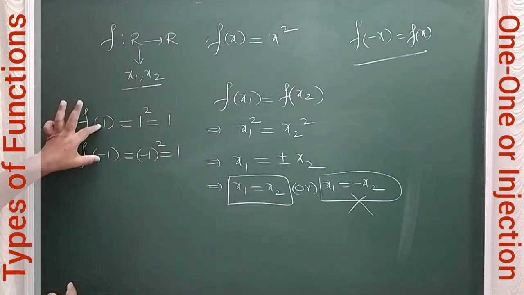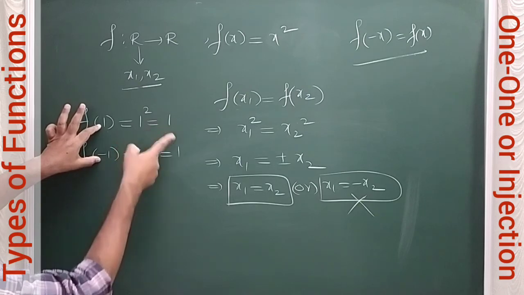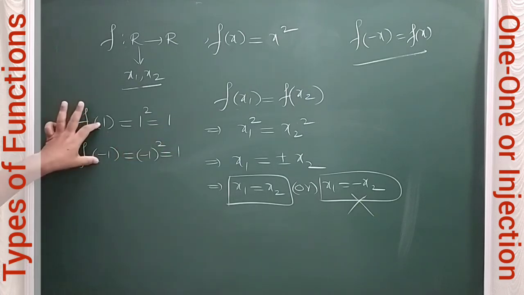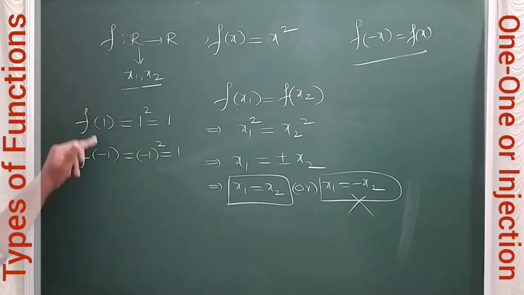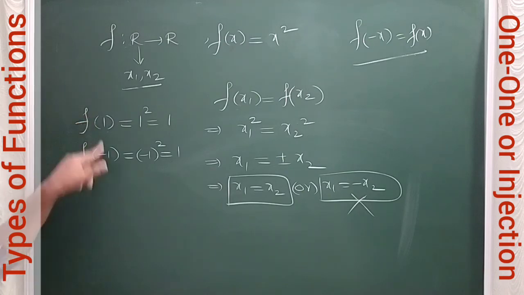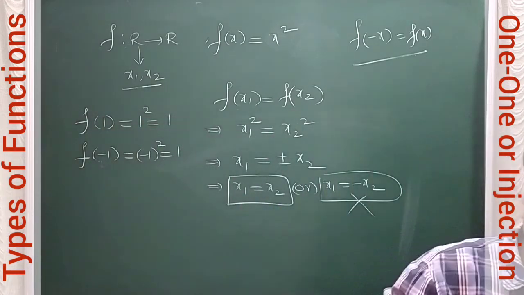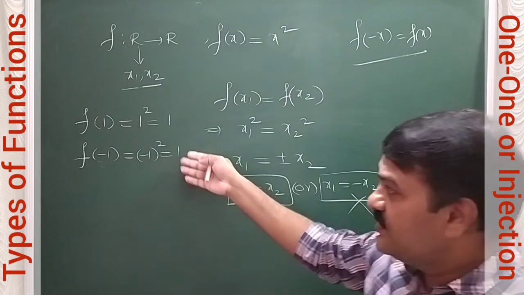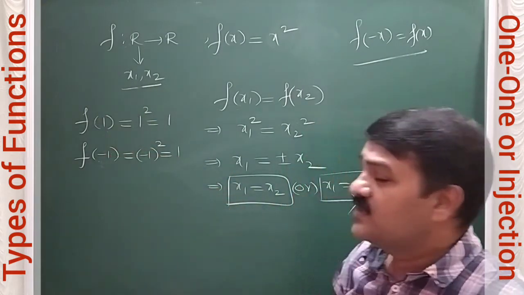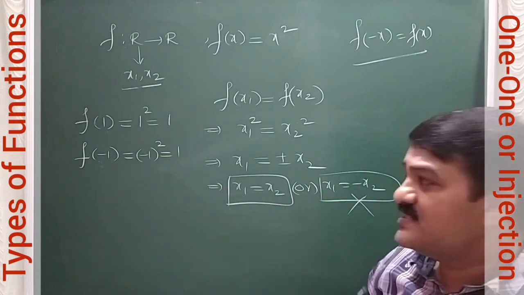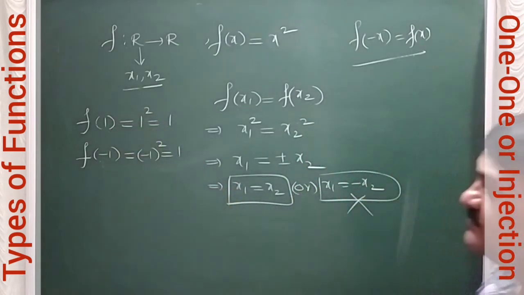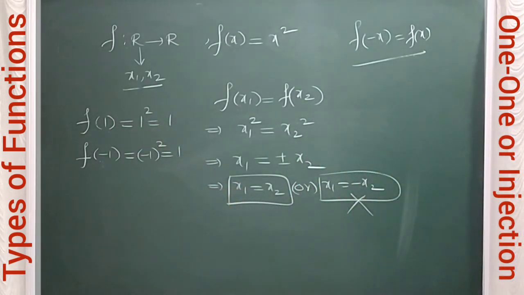For two numbers like this, you are getting the same image. So when the domain has positive and negative numbers, for an even function you will obviously get the same image when you take two numbers with opposite signs like this. Okay, so this is the working rule we should use to check whether a function is 1-1 or not.